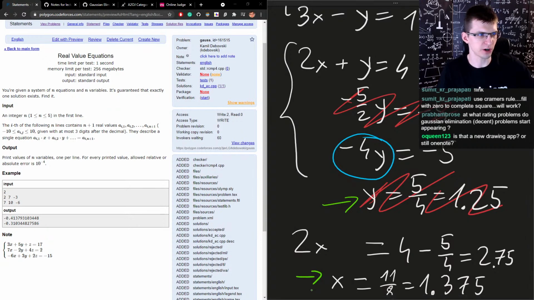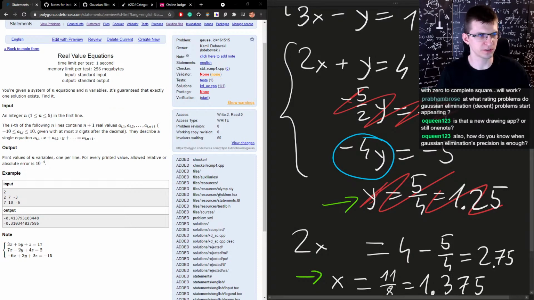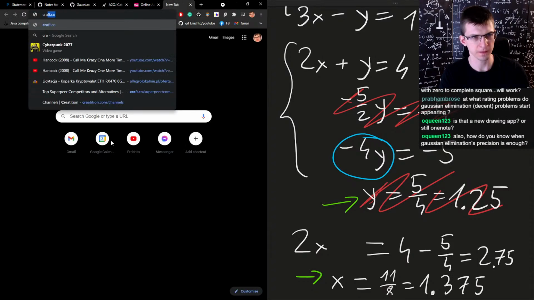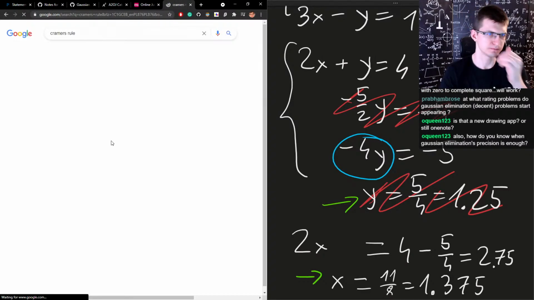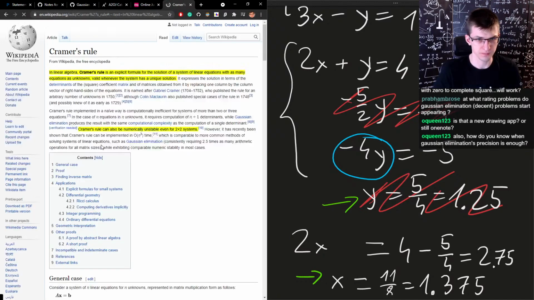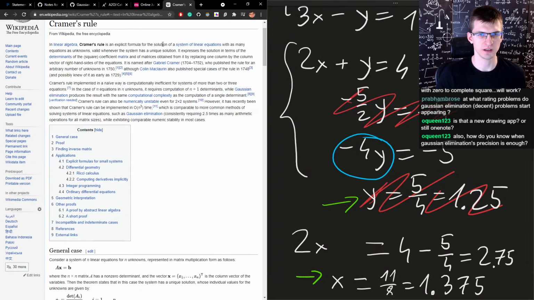Use Cramer's rule, fill with 0 to complete the square. This Cramer's rule. The algorithm I'm using is called Gaussian elimination. So we are using something more general than this.